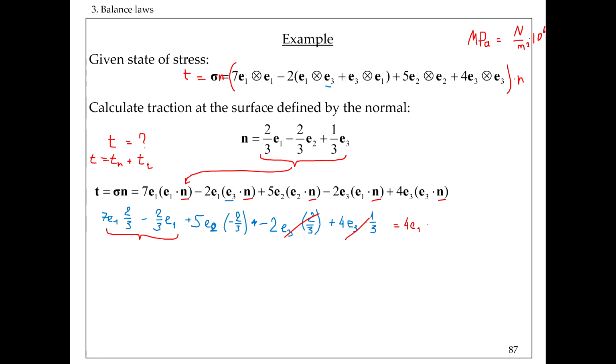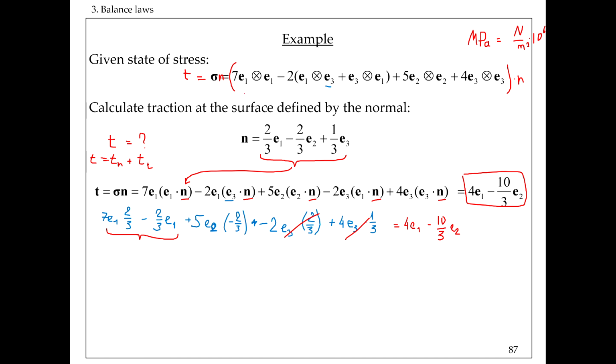And if everything is correct, the only thing that comes from e2 is minus 10/3 of e2. So we calculated the traction: in a nicer written form, it is 4e1 minus 10 thirds of e2.